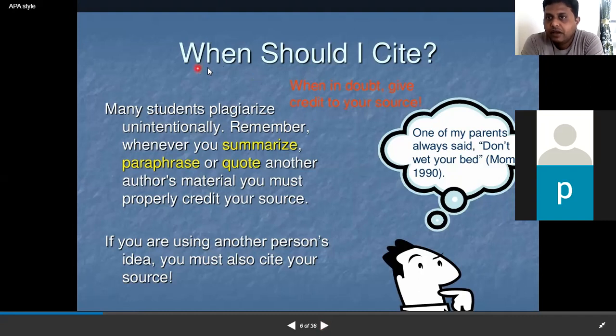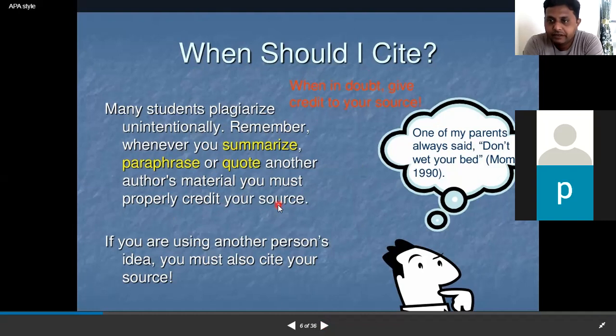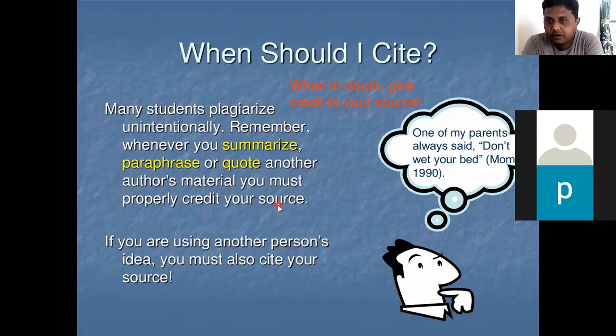And when should I cite? The simple answer is, yes, the source material. Suppose I am copying 2 or 3 lines from a poem by Kamala Das, I must mention the name of Kamala Das, and mention the name of that poem also, right? So that is citation.